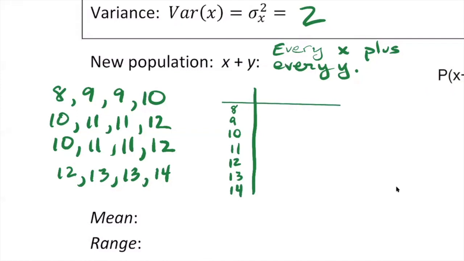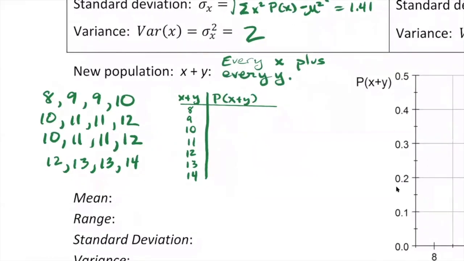And there's going to be an x plus y heading and a probability of x plus y. Just note there are 16 outcomes here. So whatever we do will be divided by 16.